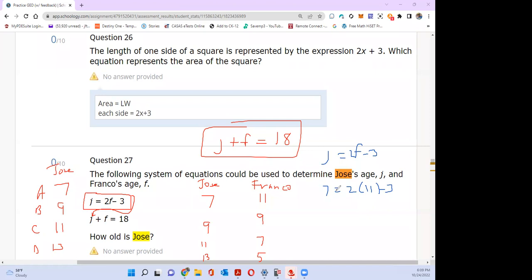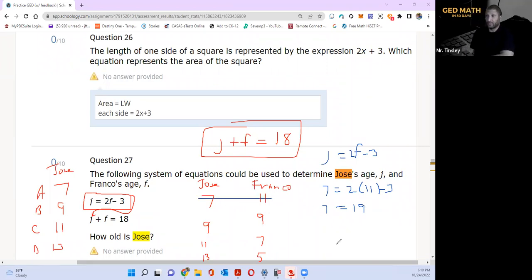No. Why? Because 2 times 11 is 22. It's nowhere near 7. So if we subtract 3 from 22, we get 7 equals 19. So we don't have the same thing on both sides of the equation. So it's not the first one.